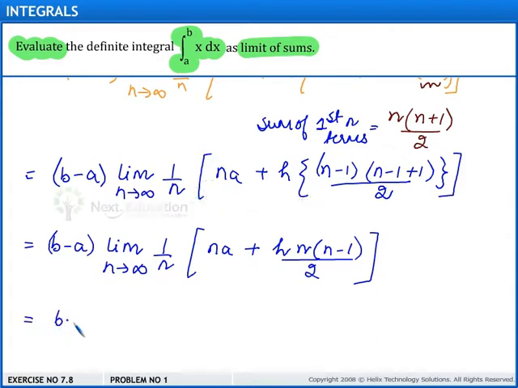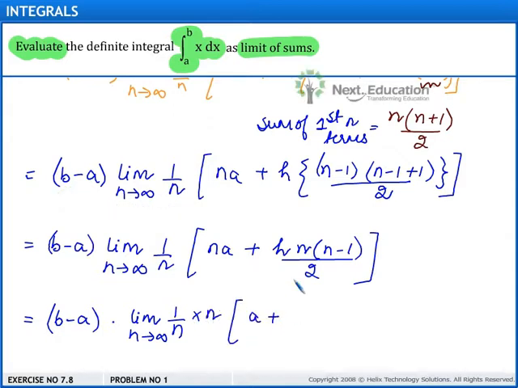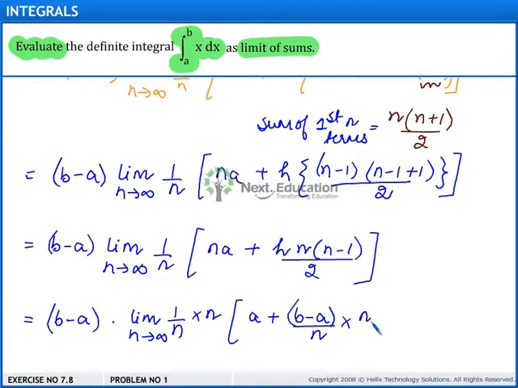This is equal to (b minus a) into the limit of 1 upon n as n approaches infinity. Now taking n common, we have a plus, here the value of h is (b minus a) upon n, into (n minus 1) upon 2.